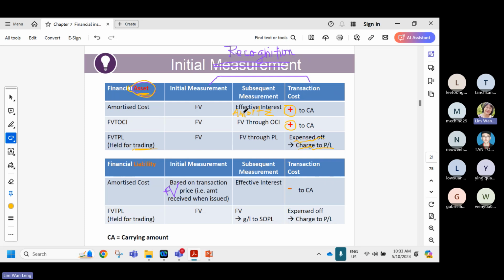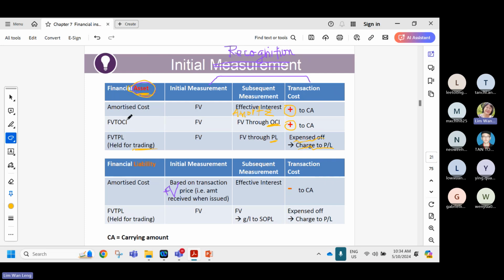That's the meaning of the effective interest method. Fair value through the OCI, any changes in the fair value will be captured at the OCI component. And then if it's fair value through the profit or loss, any changes in the fair value will be captured through the profit or loss.